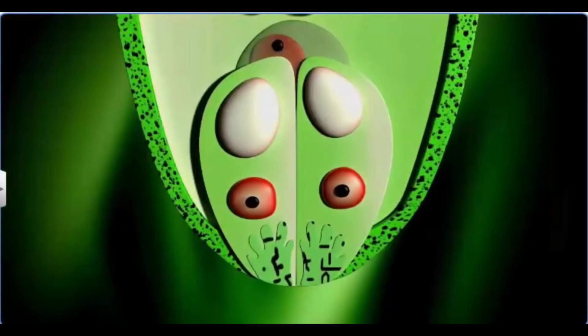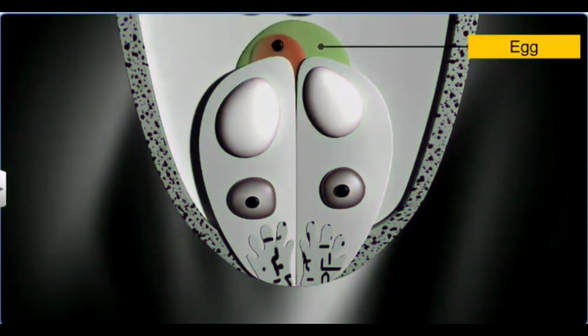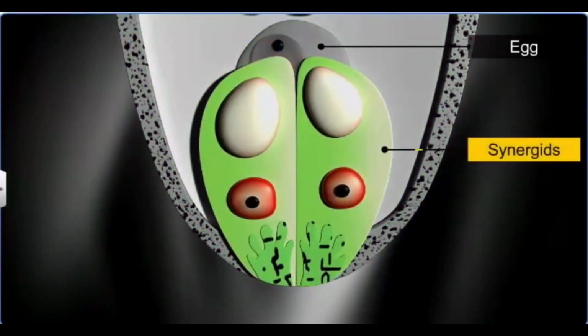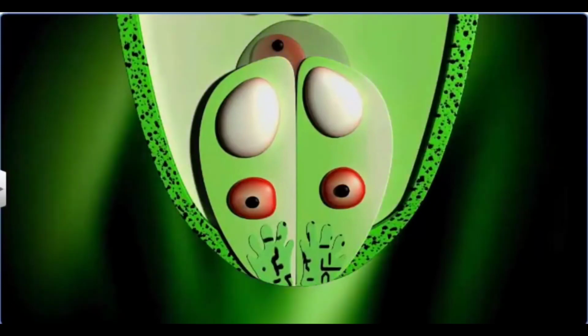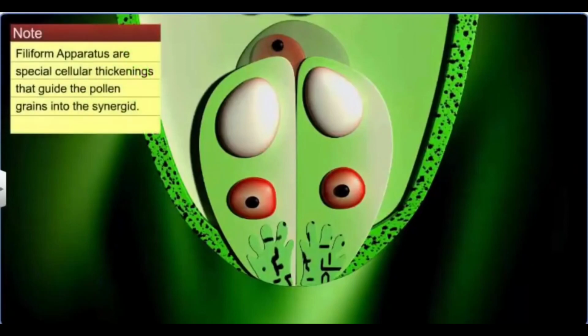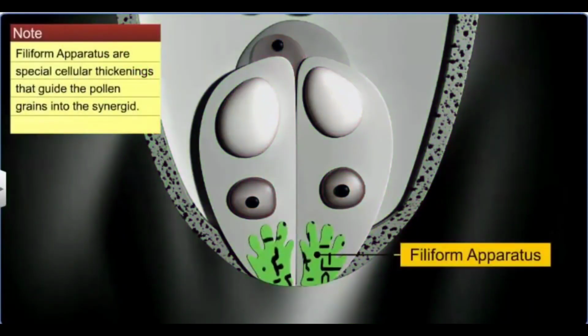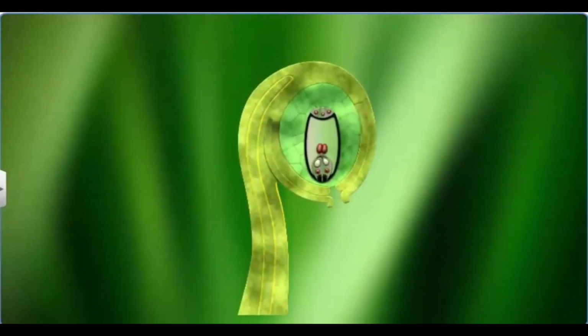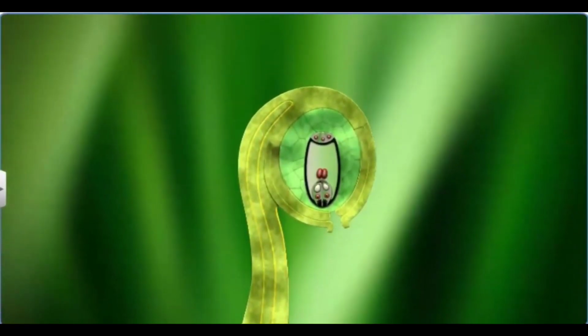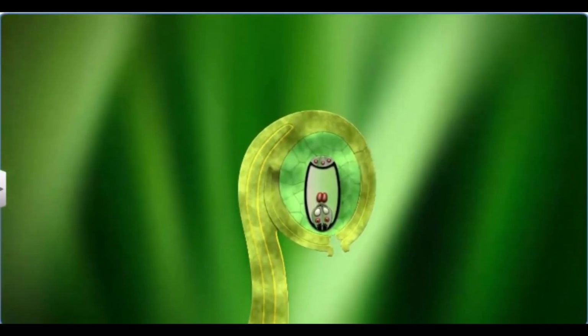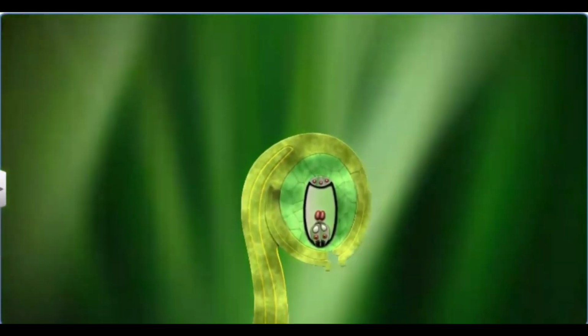While one of the cells functions as an egg or the female gamete, the other 2 cells are called synergids. If you observe the micropylar tip of the synergids, you will notice special cellular thickenings called a filiform apparatus that guides the pollen grains into the synergid. The synergids, as well as other cells, form the embryo sac, the female gametophyte born inside the pistil.